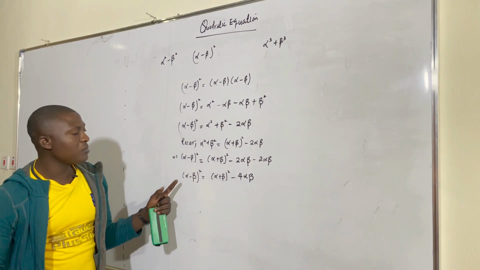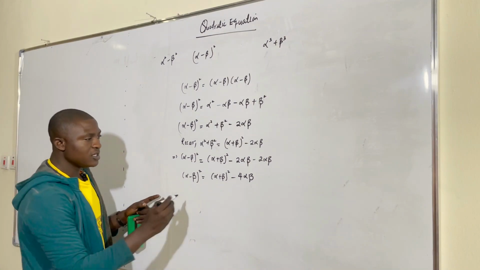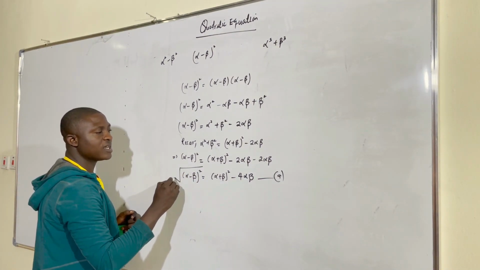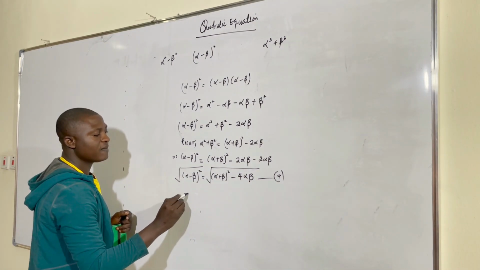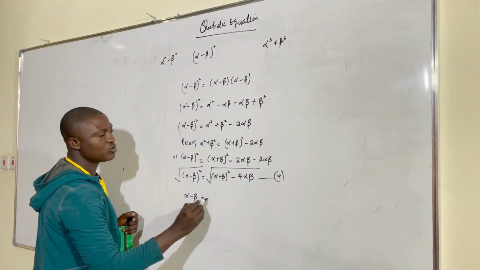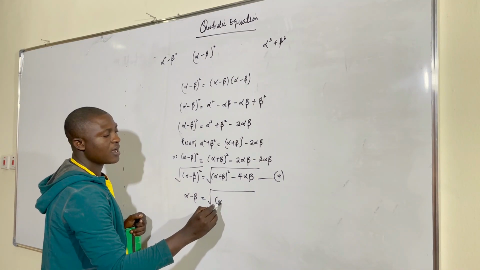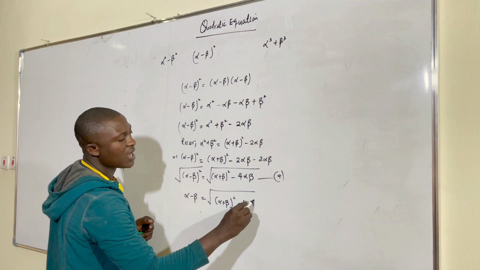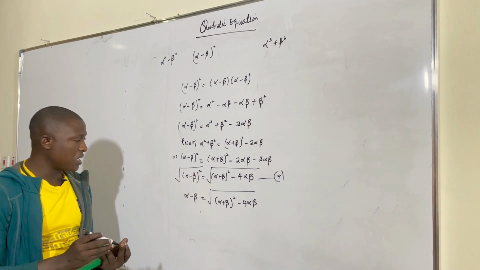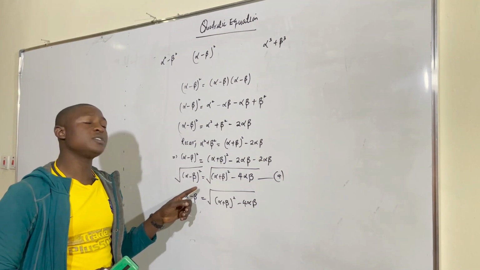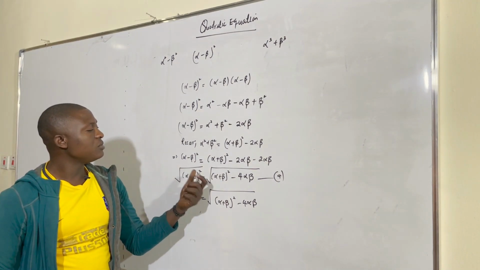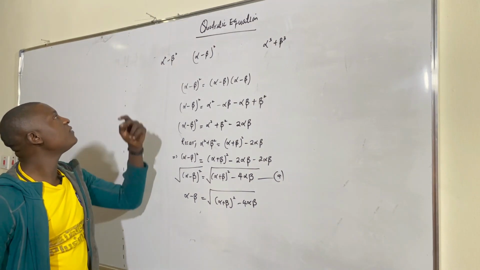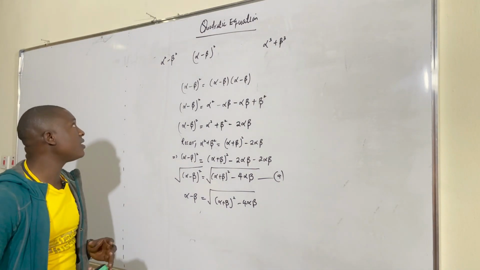So now, even if you have to find alpha minus beta, you take the square root of both sides. That means alpha minus beta is the square root of alpha plus beta all square minus 4 alpha beta. You will be asked either to find alpha minus beta all squared, or ordinary alpha minus beta. Even if you are asked to find alpha square minus beta square, don't worry, I will derive that one for you as well.